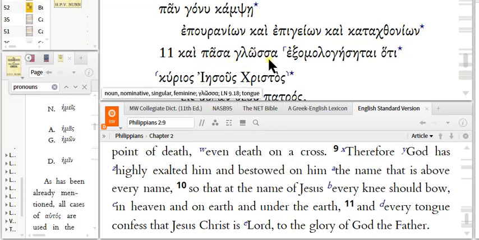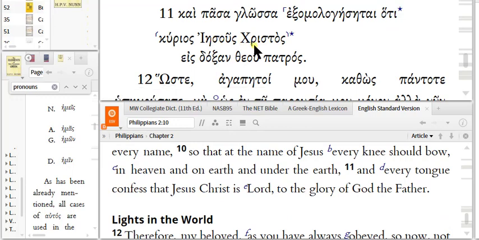Kai pasa glossa, pas, pasa, pan. Which gender is pasa here? What gender is it? It's feminine. This is first declension, right? And every tongue will confess that Kurios Iesous Christos, that Jesus Christ Lord. Where's my copula? Where's my verb of being?